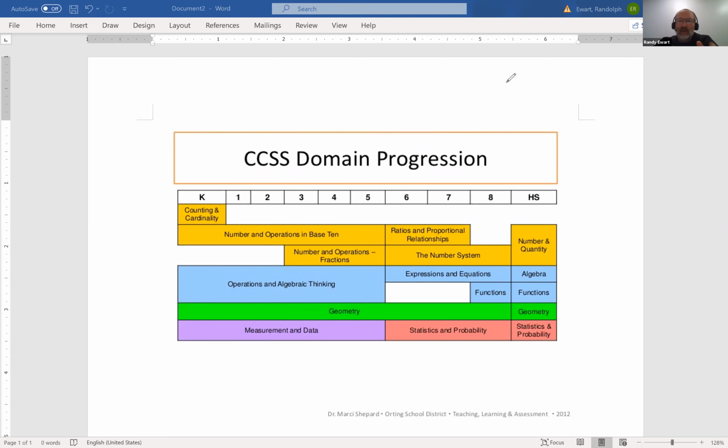Oftentimes, the grade level is determined by a comprehensive test, usually a canned test, and it might be done online. Well, a lot of the students with special needs don't test well, especially on a computer, for different reasons. Maybe it's because they do too much testing at one time. Maybe they have trouble with the technology.